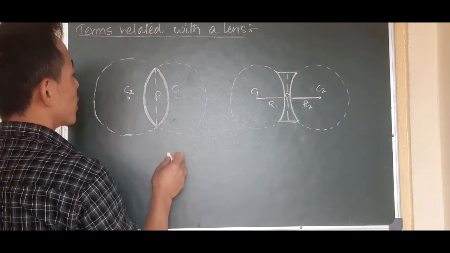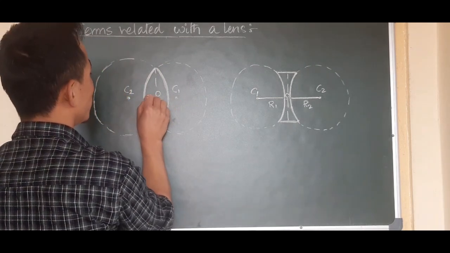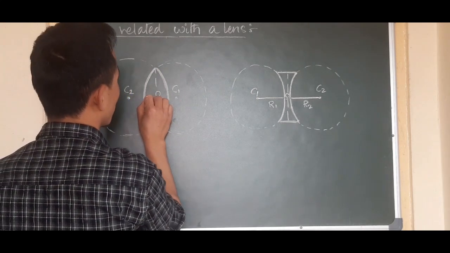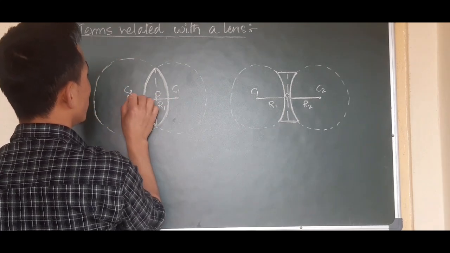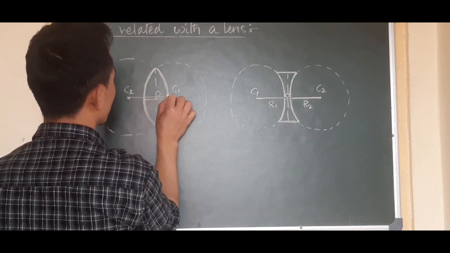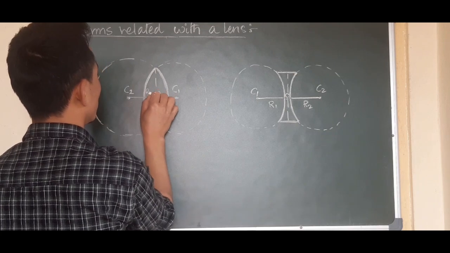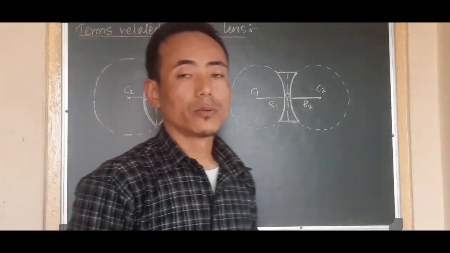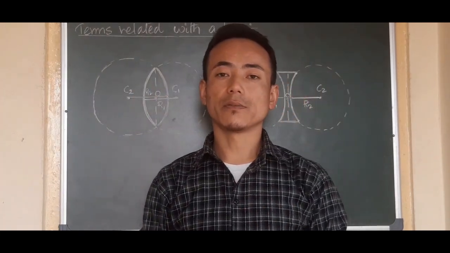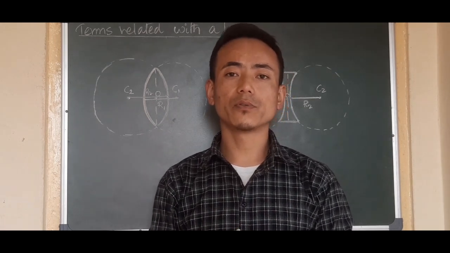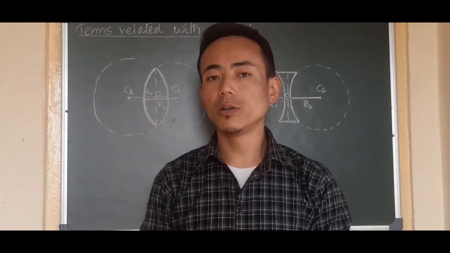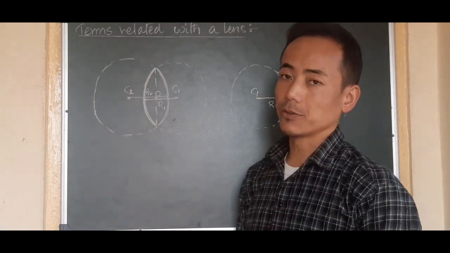Similarly here, from here to here, this distance is R1, and similarly from here to here, this distance is R2. Alright, so we have two centers of curvature in case of lenses. For mirror, we have only one center of curvature, but for lens, we have two centers of curvature, and similarly, we have two radii of curvature.